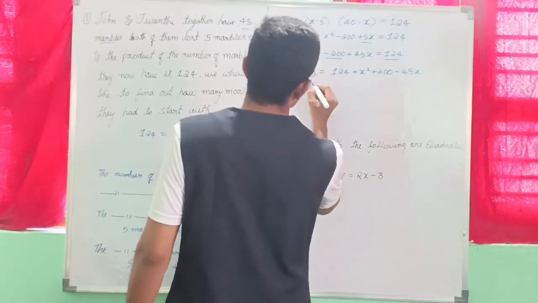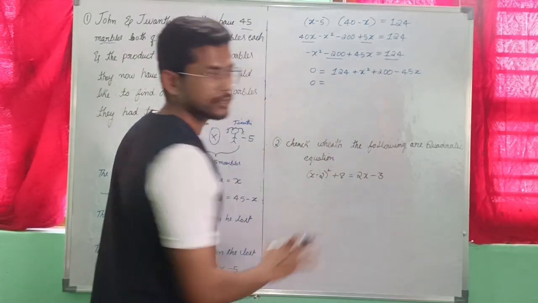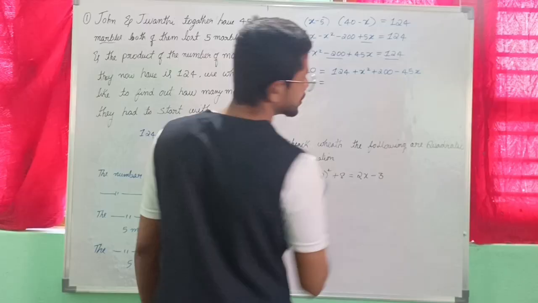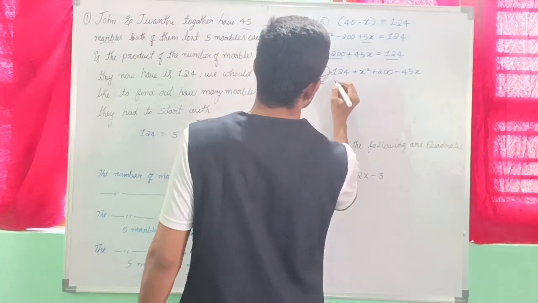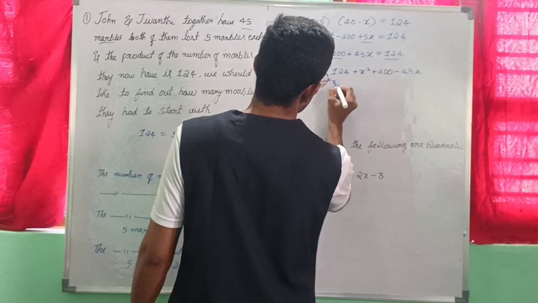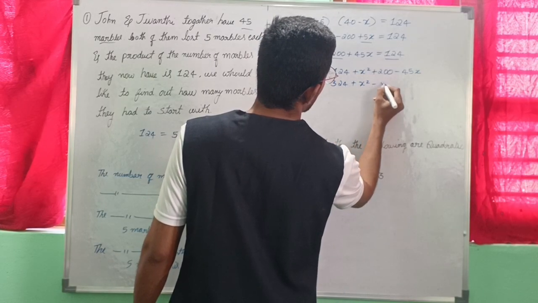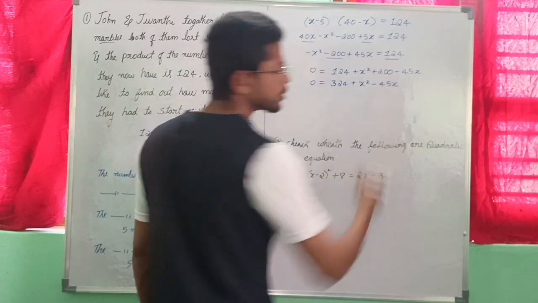Now 0 equals, let's add these two constants, because there are plus signs before them, 324 plus x squared minus 45x.